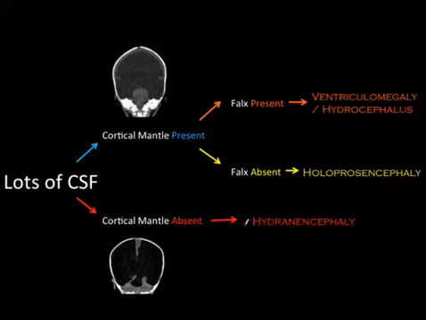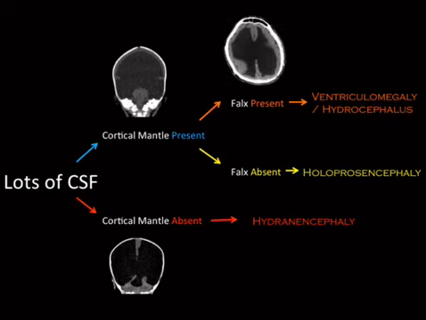If it's absent, it's hydranencephaly. And the way to remember that is hydranencephaly is basically a bilateral MCA infarct. So this is total encephalomalacia that goes all the way out to the end. And that's not going to spare the outside, right? Strokes don't do that. Now, if we have a cortical mantle, we're not finished yet. You have to look for the falx. So if you have one present, which is here, then you're just dealing with massive hydrocephalus.